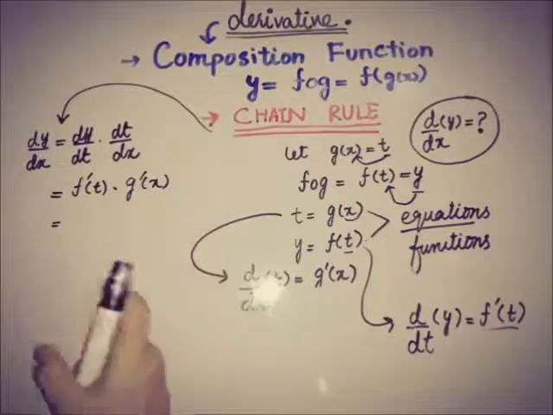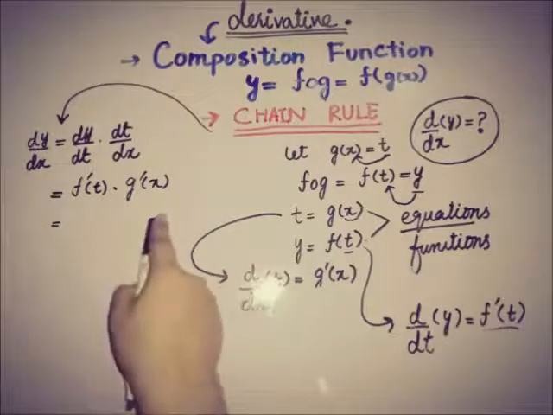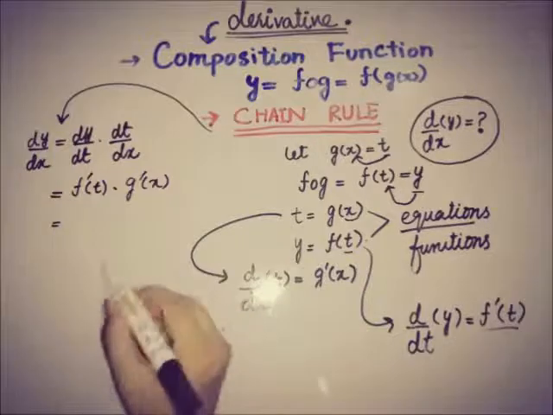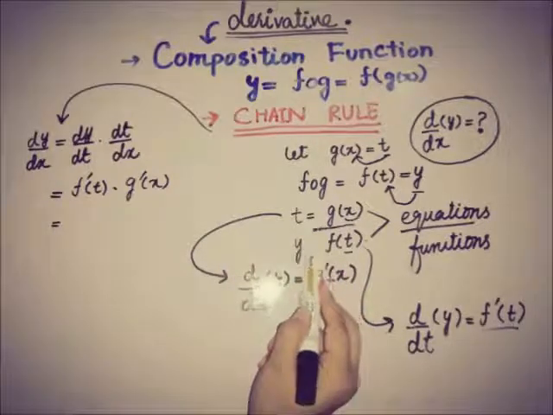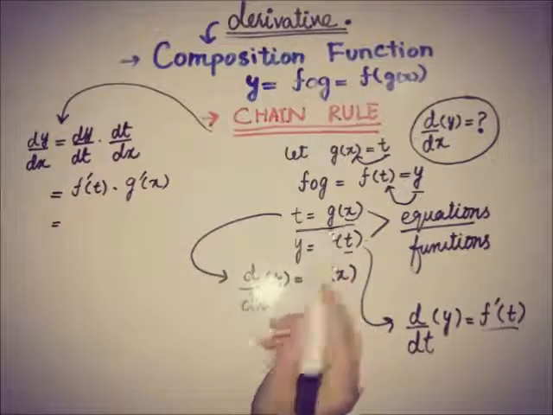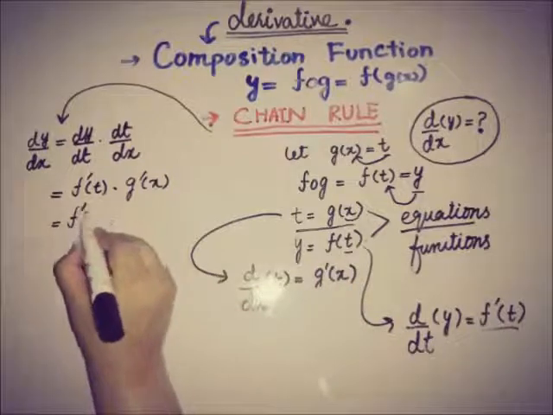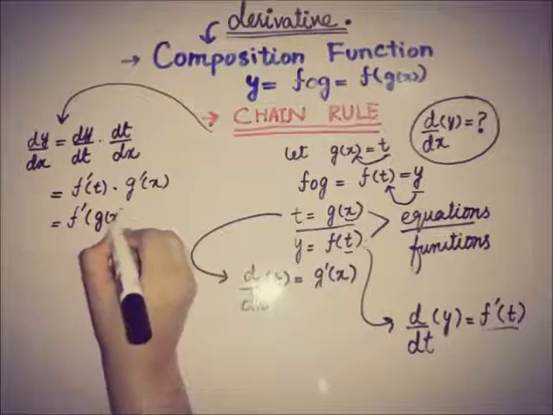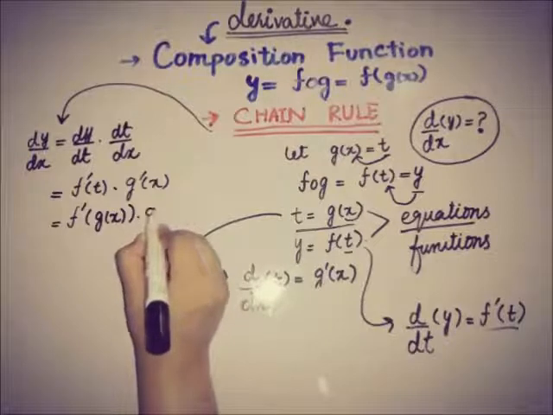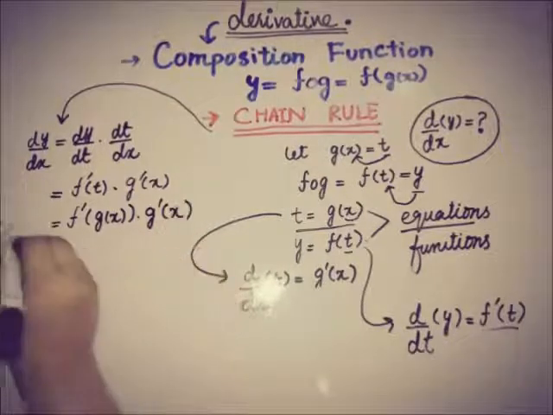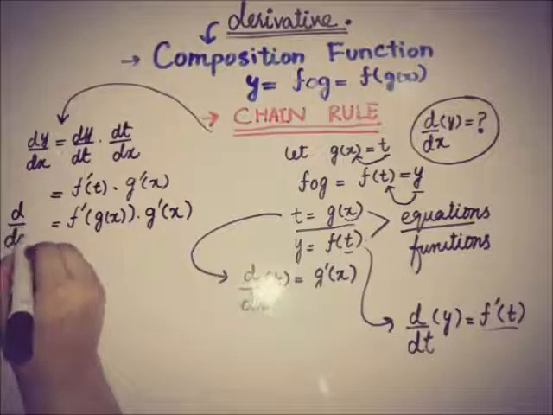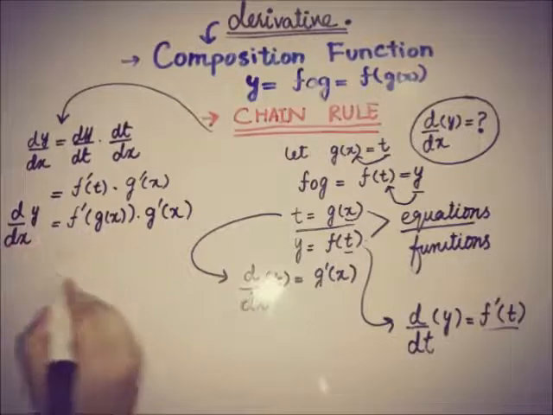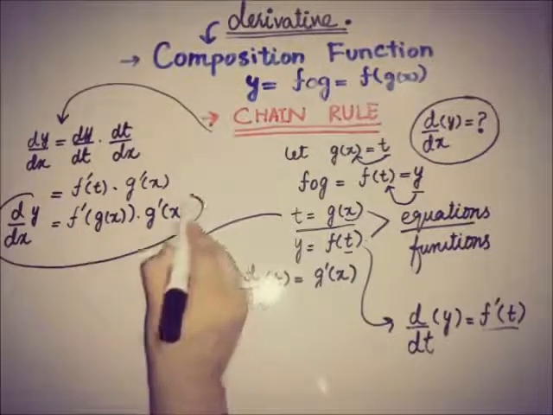I just want to write all the functions in the form of x and y, so putting back the value of t, that is g of x, f dash of g of x dot g dash of x is what the rate of change of y with respect to x is all about.